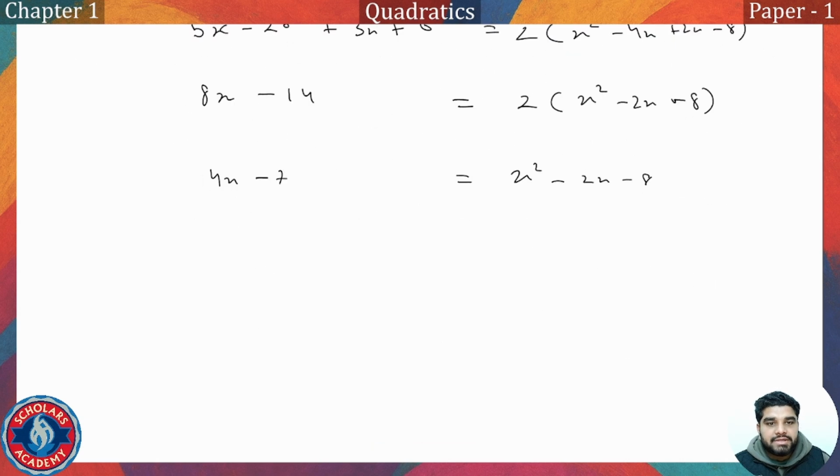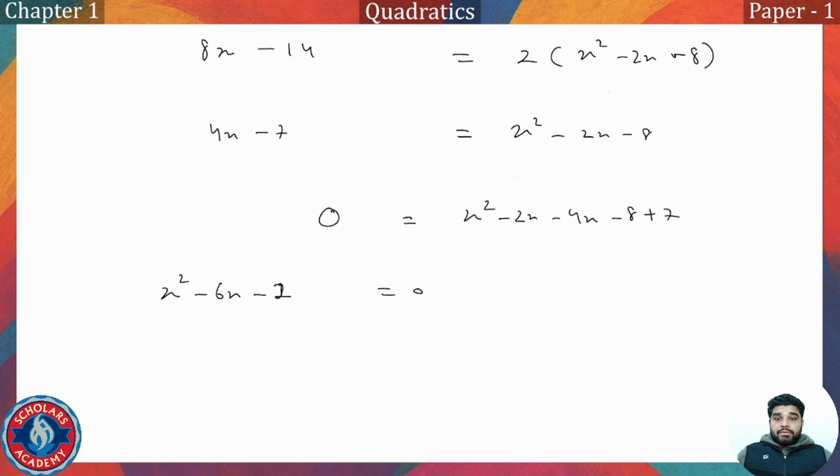So we'll bring this to the right hand side. We get 0 is equal to x square minus 2x minus 4x minus 8 plus 7. We get x square minus 6x minus 1 is equal to 0.